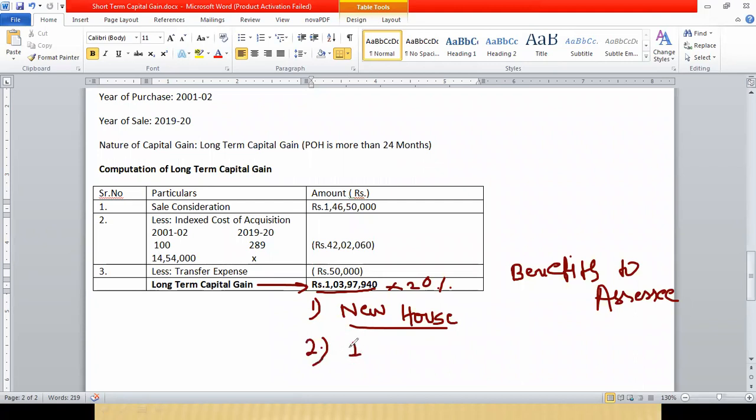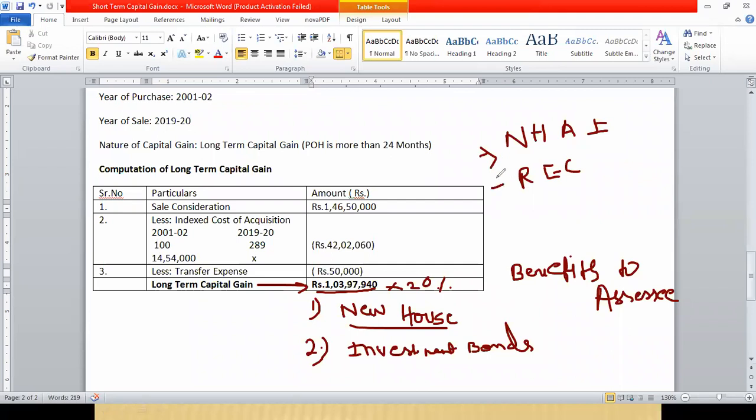One is the investment in some bonds. If the assessee is making some investment in bonds issued by Government of India authorities, like NHAI or REC, these are all bonds issued by government authorities, National Highway Authority and Rural Electrification Corporation, then also tax benefit will be available.